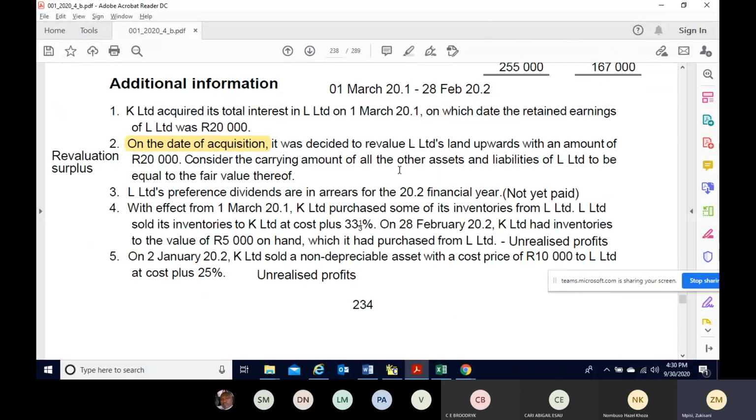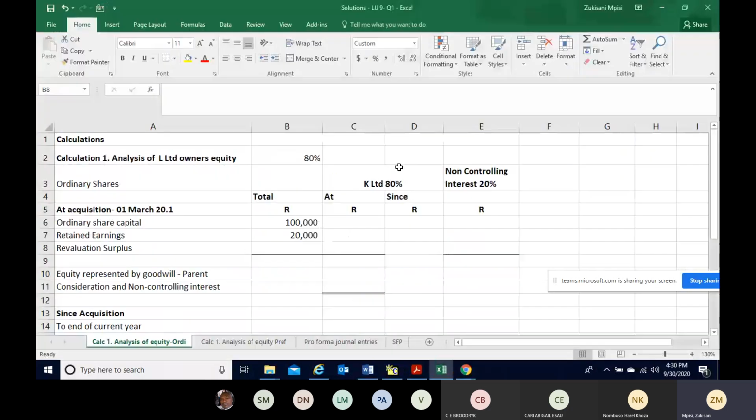So all other assets and liabilities were equal to the fair value, except for land, which was 80,000. And in terms of the valuation that was done, it was supposed to be 100,000. So you are informed here that at acquisition, you had this 20,000 that you need to account for, which is called revaluation surplus.